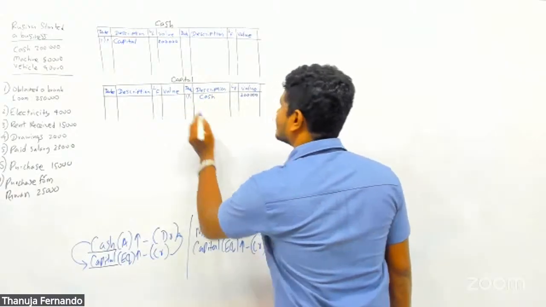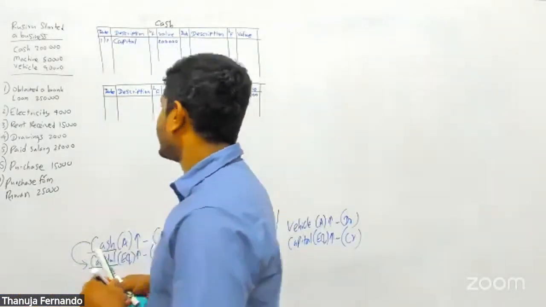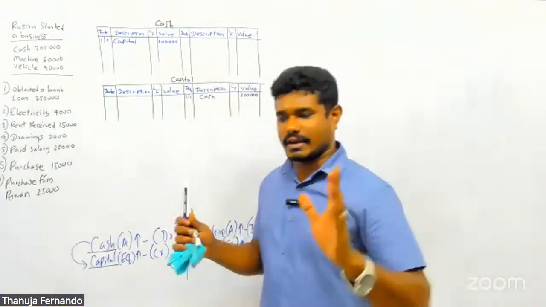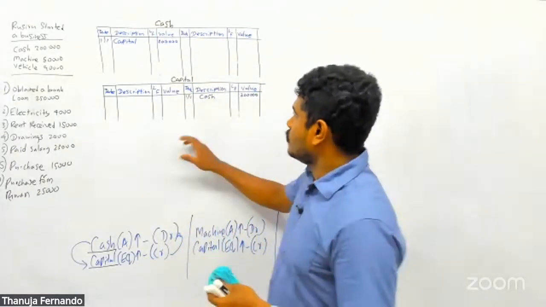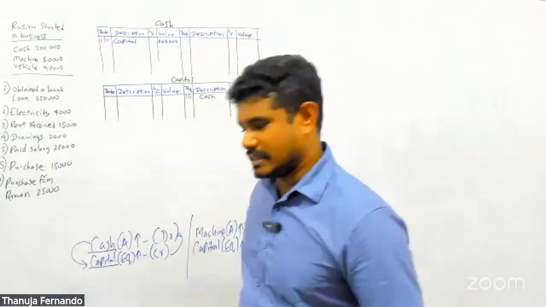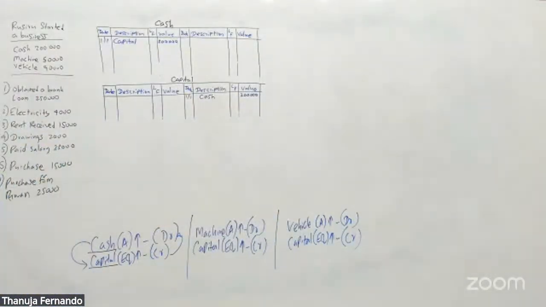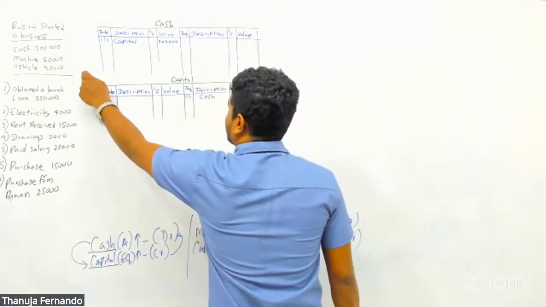Why do we exchange the names? Because if we exchange, we can identify the transaction accurately and very simply. Now we can read the transaction without using the transaction. When we see the account, we know the transaction. How? Cash account debit. Cash account is an asset account.